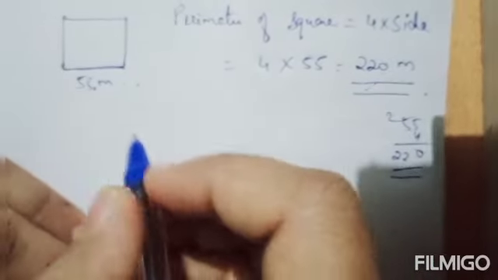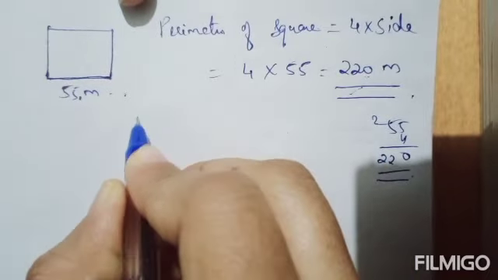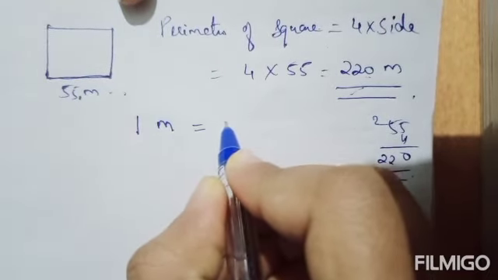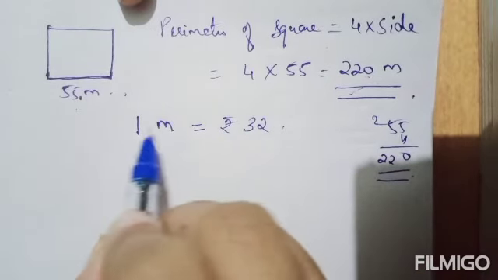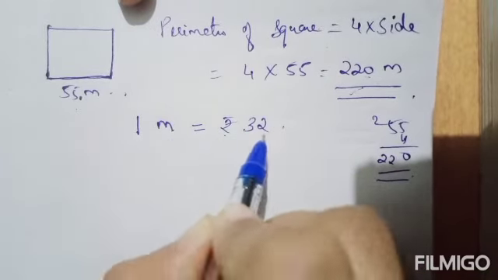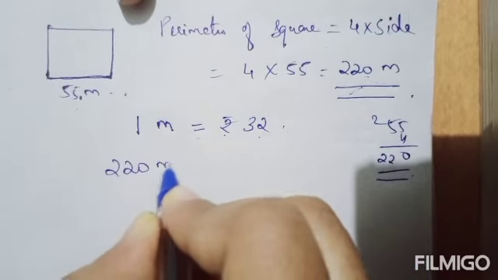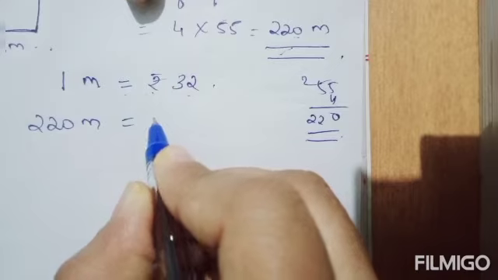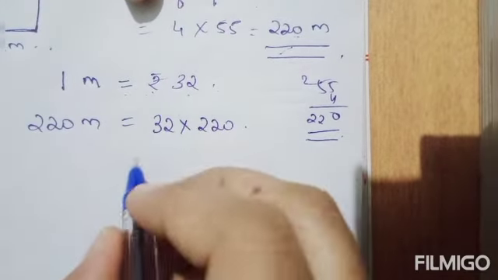Okay. So what is given the rate? For fencing 1 meter, it is given rupees 32. So for fencing 220 meter, how much rupees? How can you find? Just multiply 32 into 220.